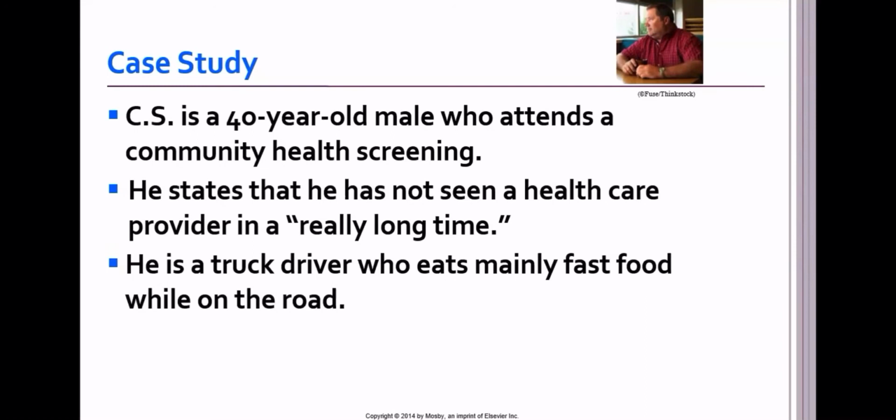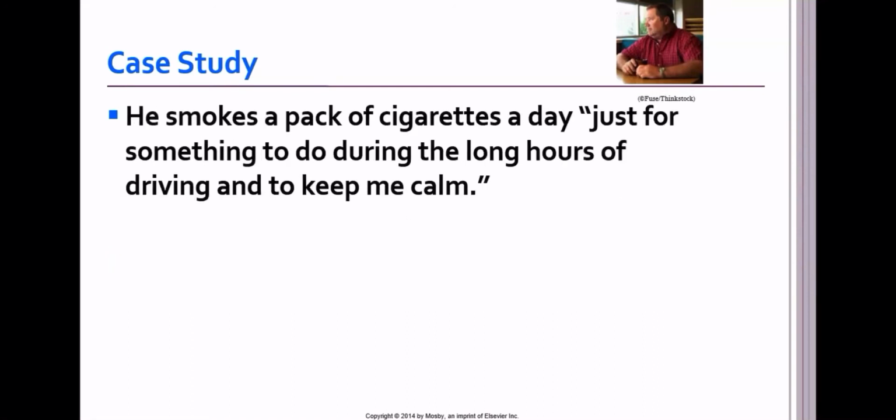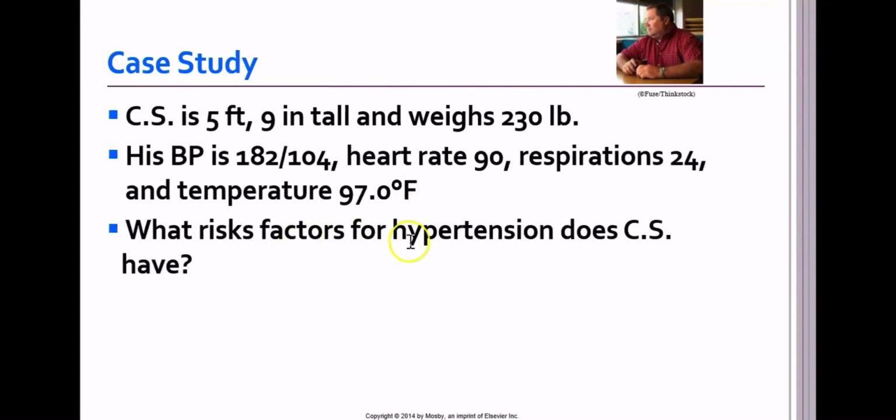So I am going to move through these case studies as I am providing you with a separate case study to work on. So this one's just really for you to go through and take a look at. But this last one says, what risk factors for hypertension does CS have?